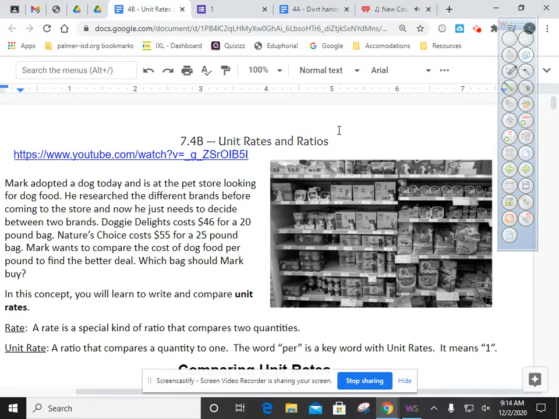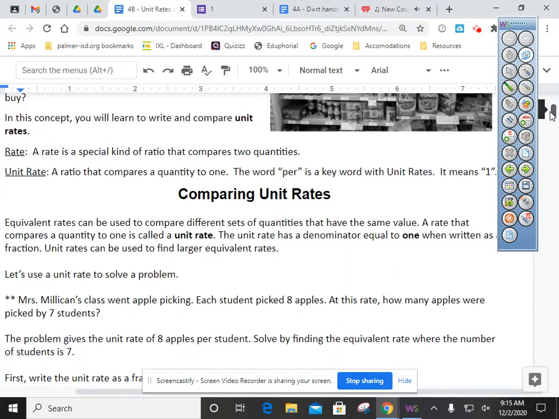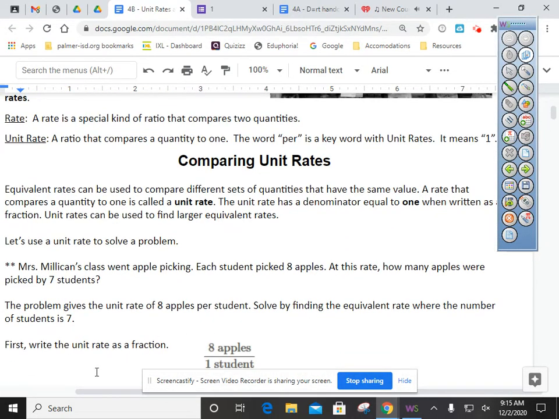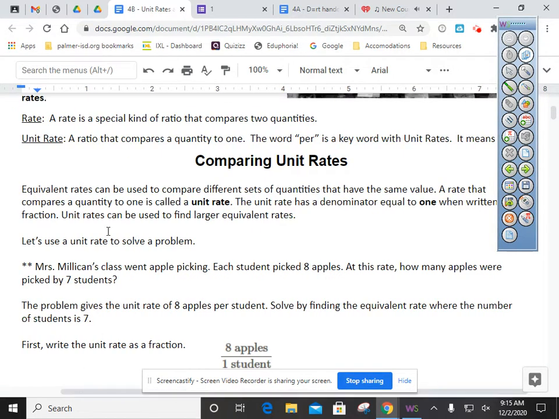We're going to zip through this since I believe you already know how to do it, but I do want to make sure you have the terminology correct. For example, rate is a special kind of ratio that compares two quantities. Basically, that means write a proportion. And unit rate is a ratio that compares quantity to one. The word per is a key word. What does per mean? One. Per means one.